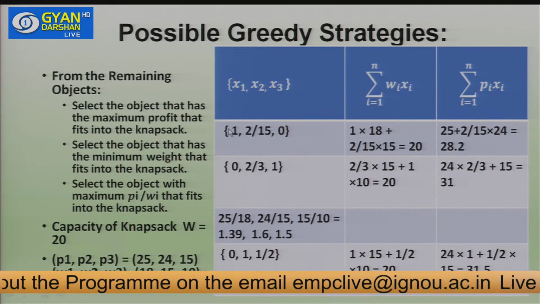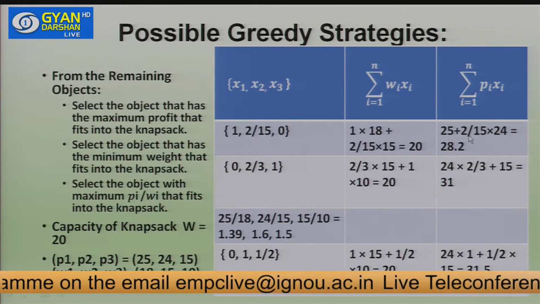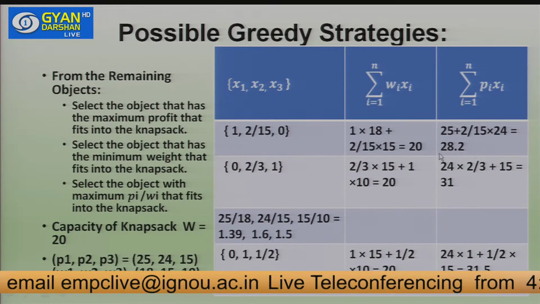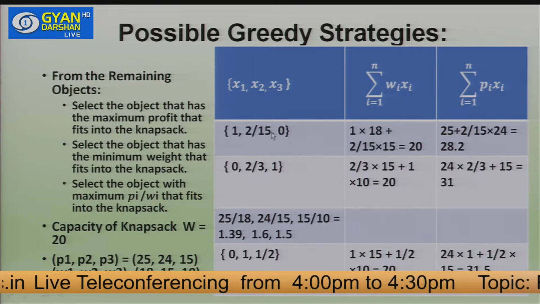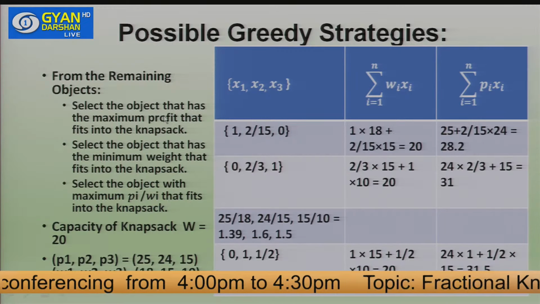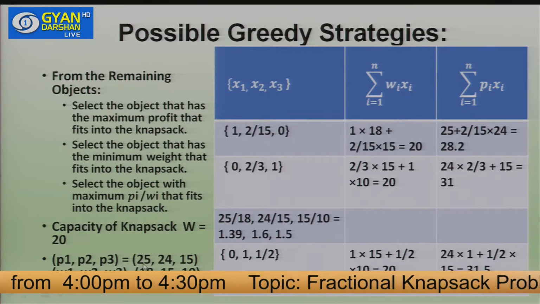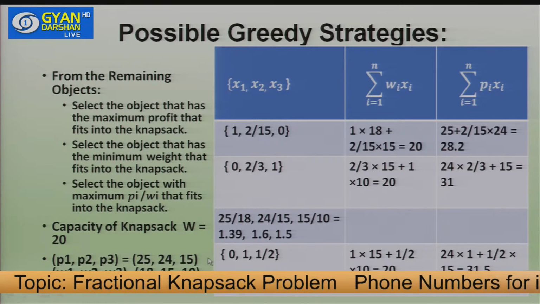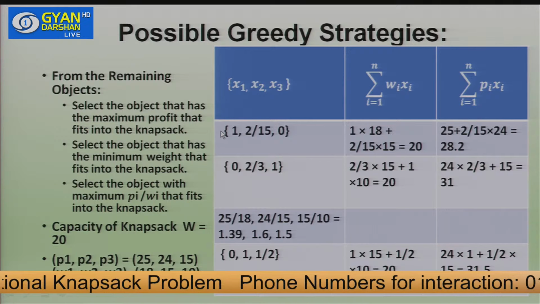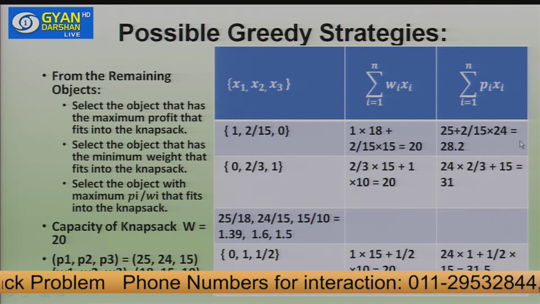So we can see strategy 1 has not yielded the best results. With the greedy approach, if I'm just picking up the profit and selecting greedily on profit, it's not working.